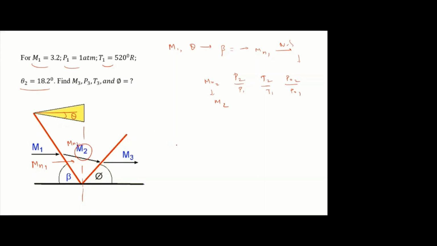So here also it should be like two cases. This is the first case. So we can find Mn2 using theta is 18.2, station 1 and 2. Then second case, reflected shock. Here what is the theta?